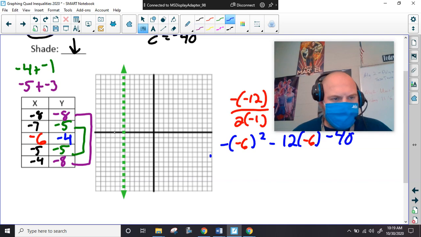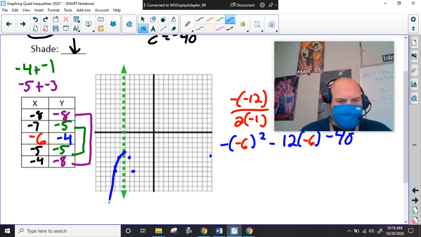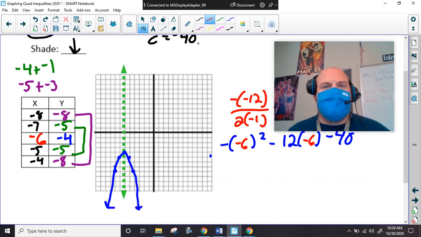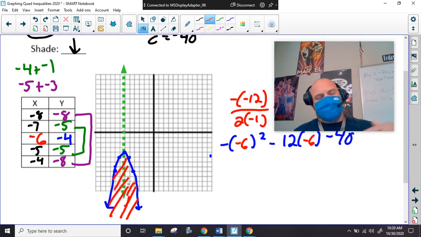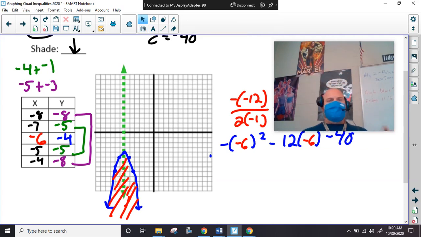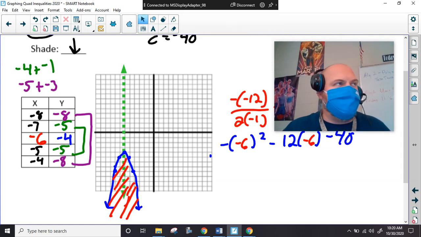Again, we're solid and shade below. 1, 2, 3, 4. 1, 2, 3. 2, 3, 4, 5. All right, so it's going to extend like that. And you shade below it, so basically it's kind of on the inside of it because that's where everything is below.